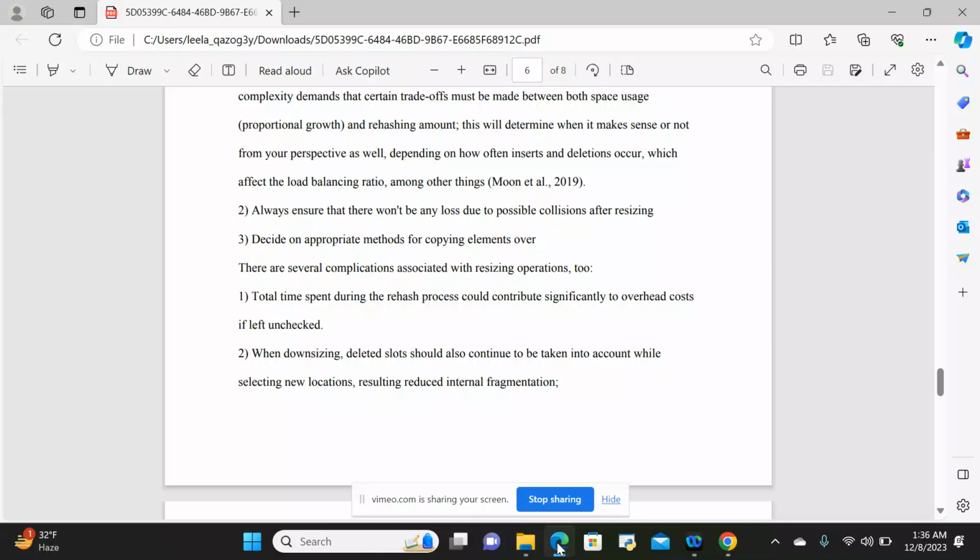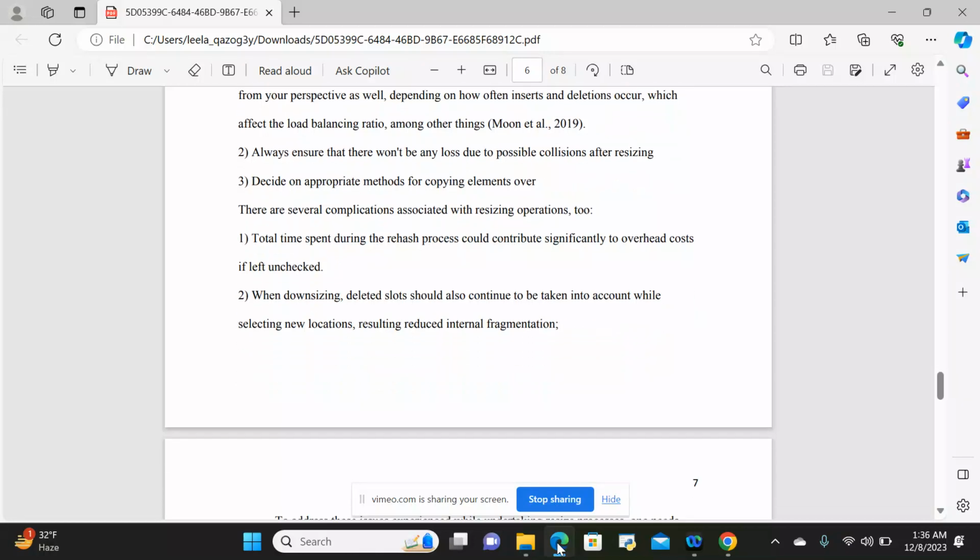Always ensure that there won't be any loss due to possible collisions when resizing. Decide on appropriate methods for copying elements.